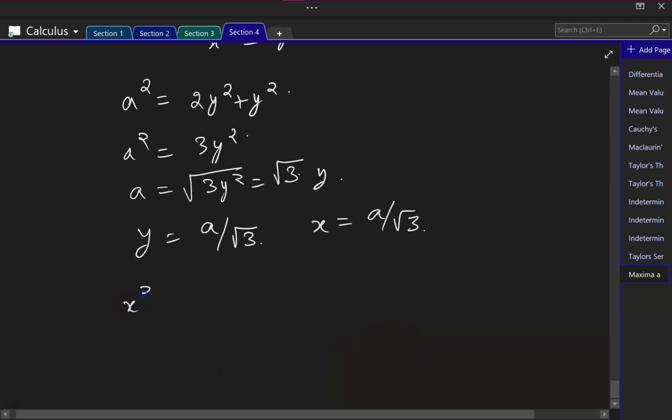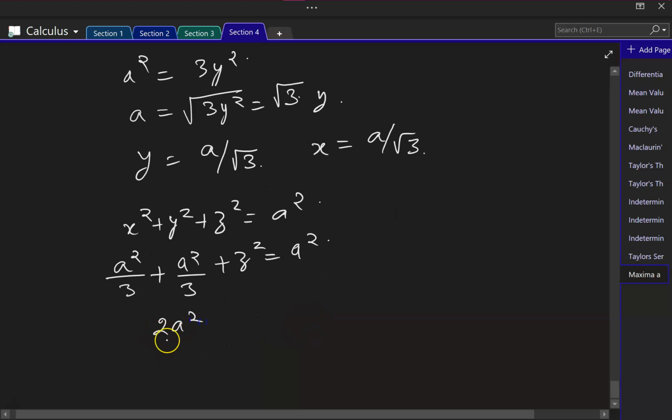We have the setup x square plus y square plus z square is equal to a square. Let's do the substitutions. A square by 3 plus a square by 3 plus z square is equal to a square.